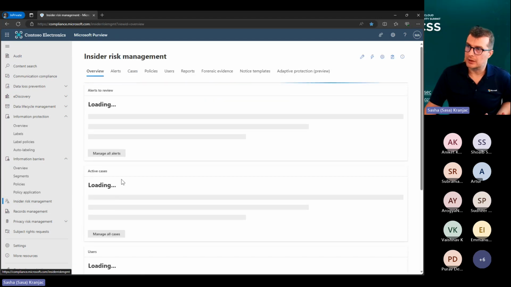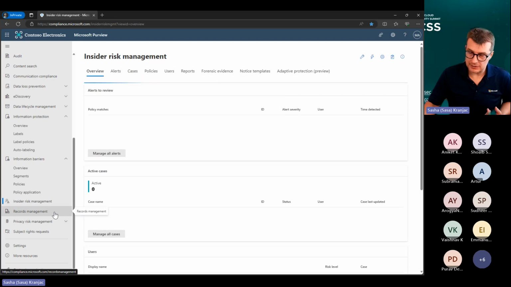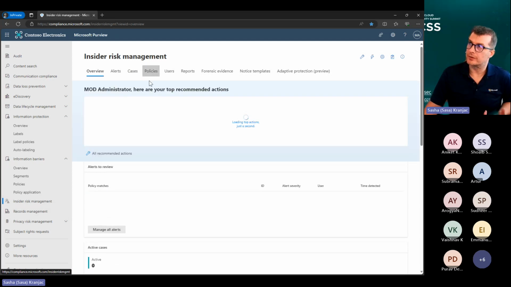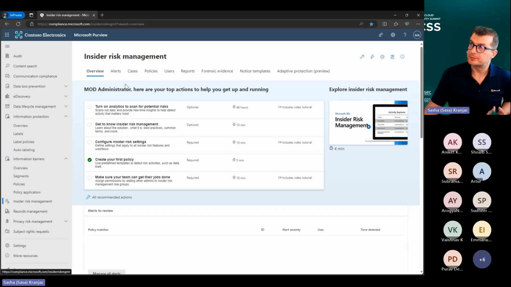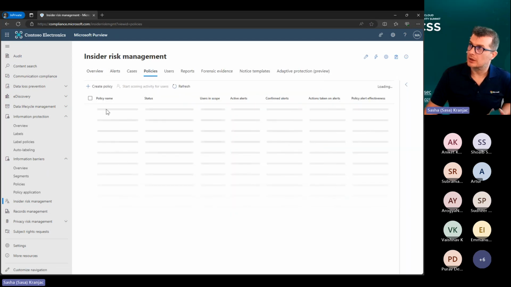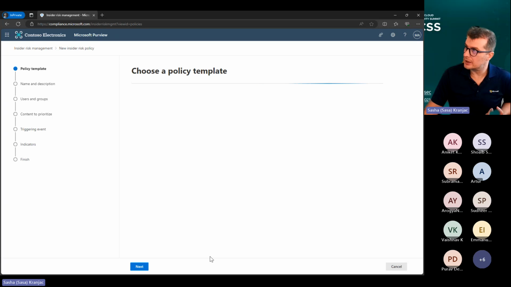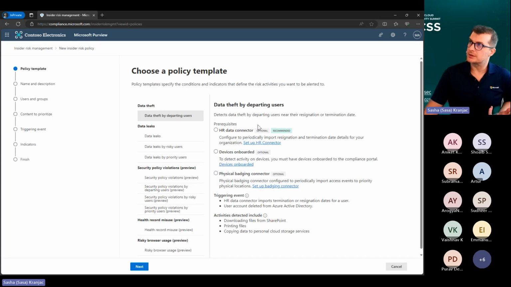And a very important one, the last thing, is to configure insider risk management. Insider risk management deals with policies. Let's quickly go over the policy templates. The policy template can include data theft by a departing user, with typical behavior, for example, activities like downloading files, printing, copying, and so on.